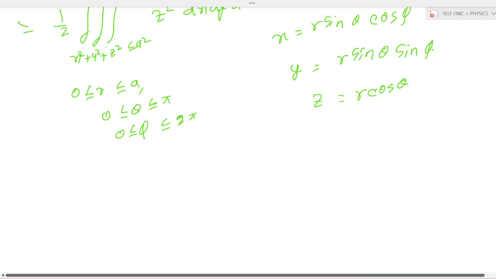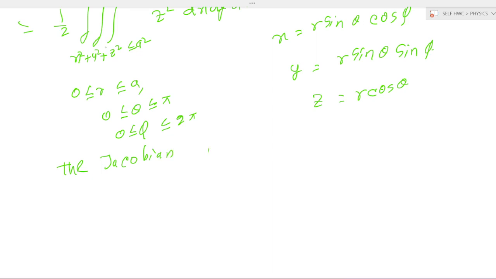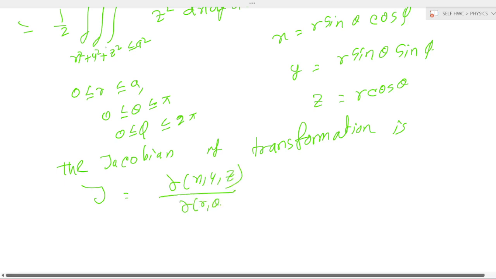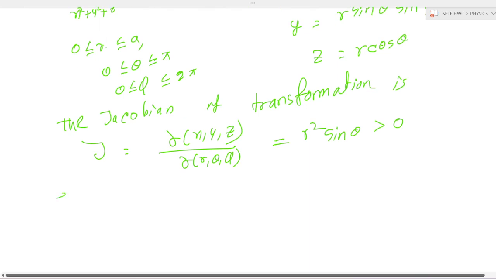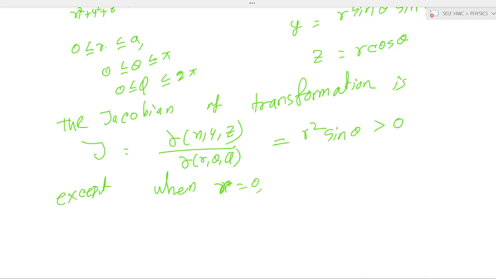The Jacobian of transformation is J equal to d(x, y, z) by d(r, theta, phi) is equal to r square sin theta greater than 0, except when r is equal to 0, and theta is equal to 0 to pi.